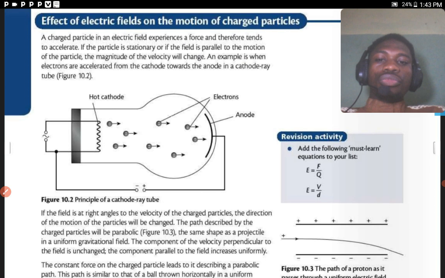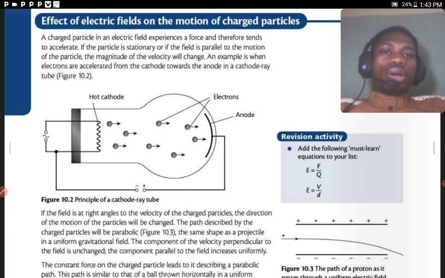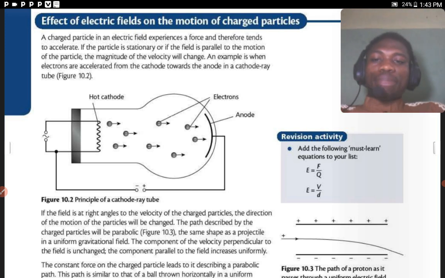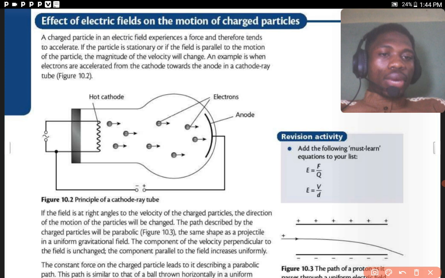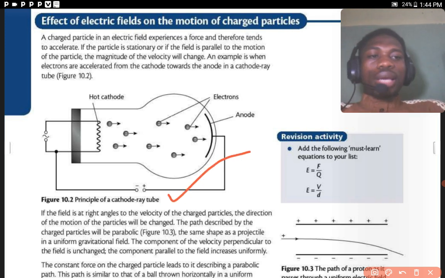All right, guys. Now let's talk about the effect of electric fields on the motion of charged particles. A charged particle in an electric field experiences a force and therefore tends to accelerate. You can see what is happening in a cathode ray tube.